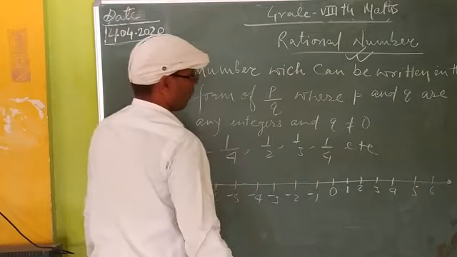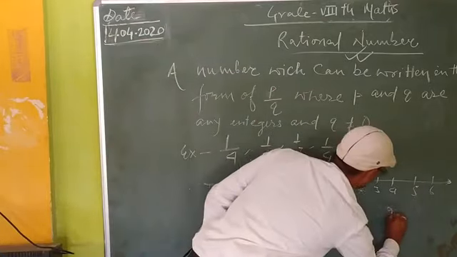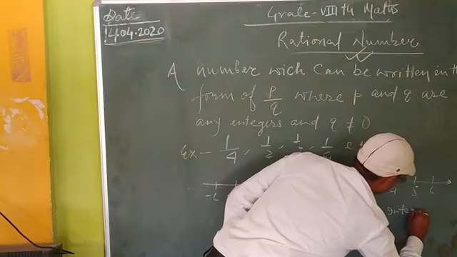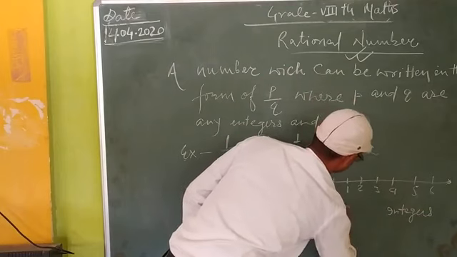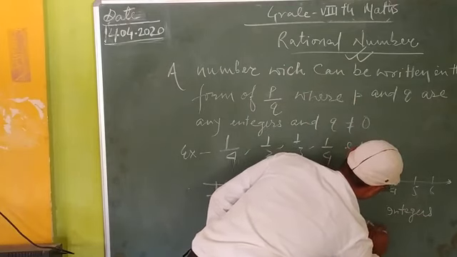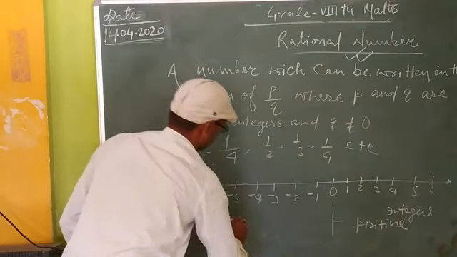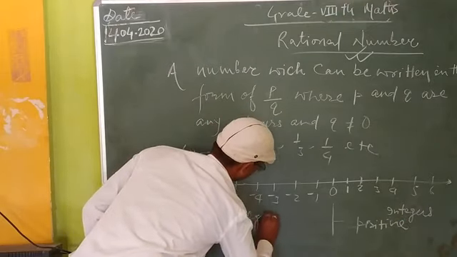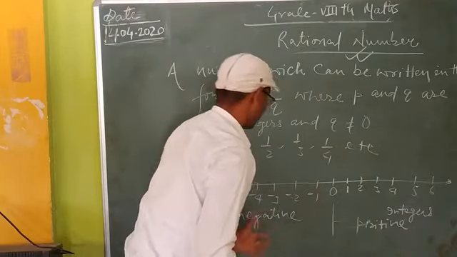So what are you looking at? These all are integers. Here is positive, and this side negative. Positive integers and negative integers.